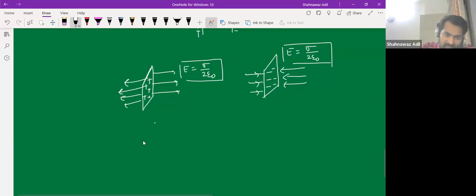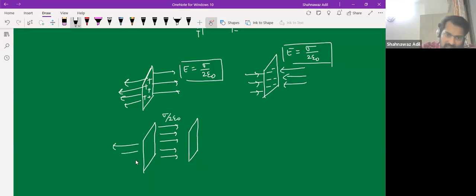So let's say that we have this positive plate and we have this negative plate. For this one, the electric field is in this direction, and the other is in the opposite direction. This is sigma by 2 epsilon, and on this side it is also sigma by 2 epsilon.